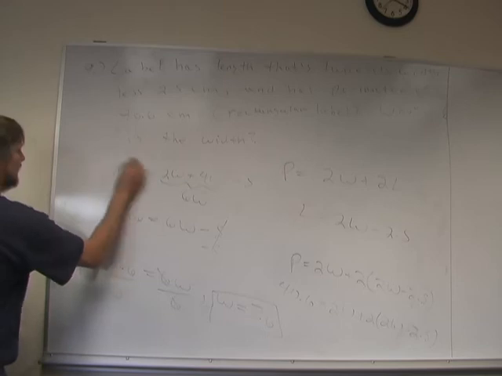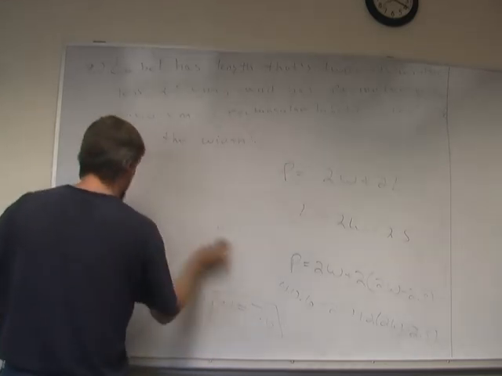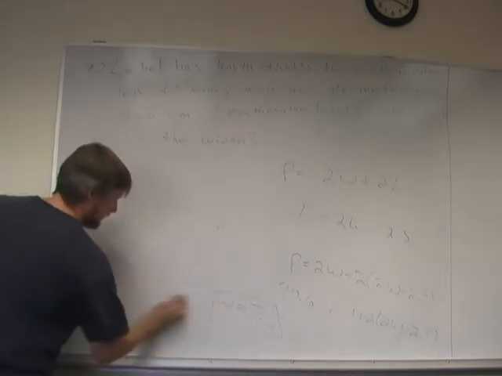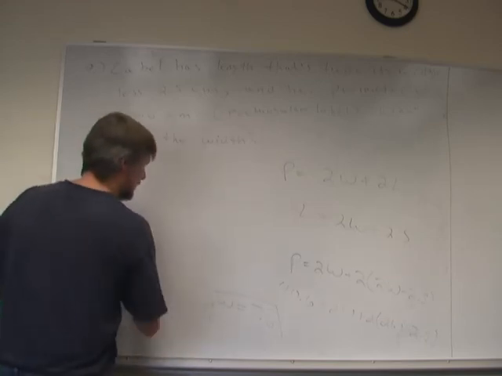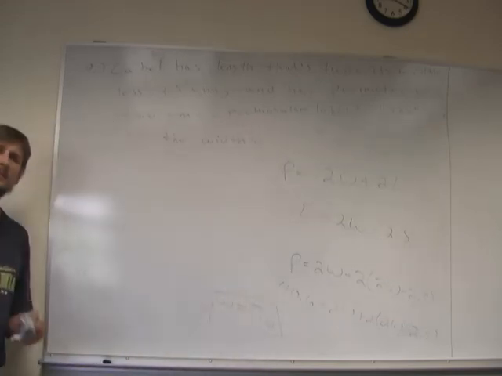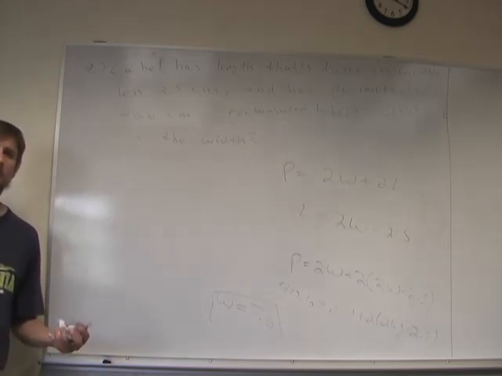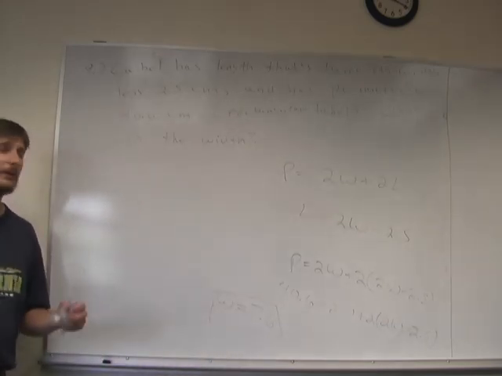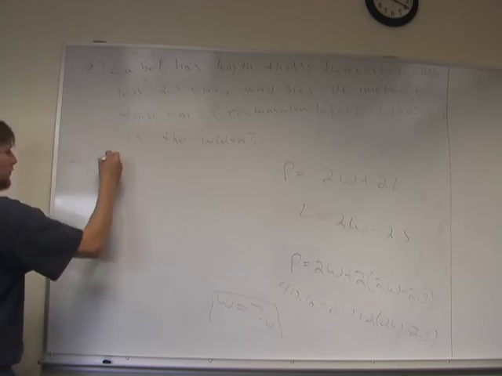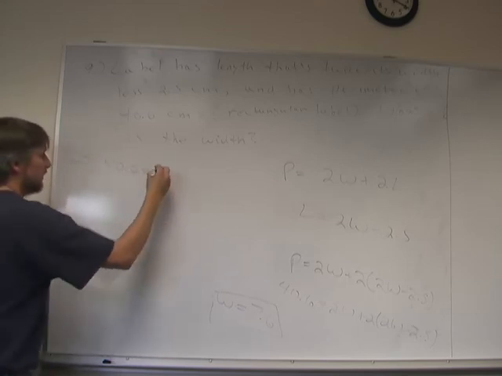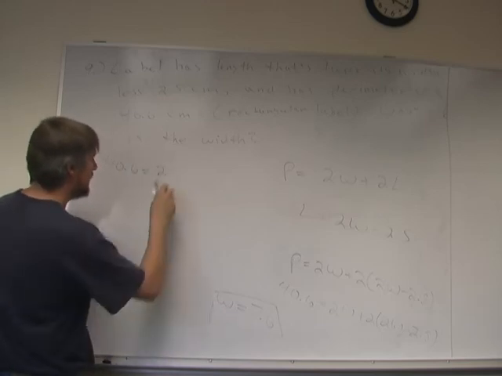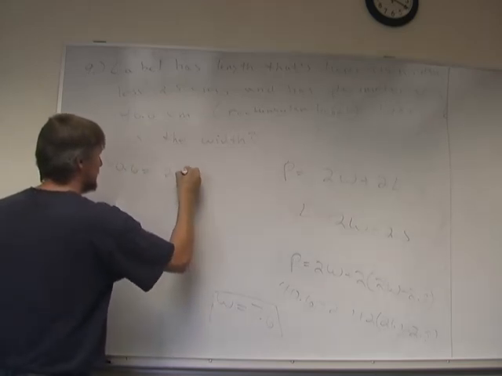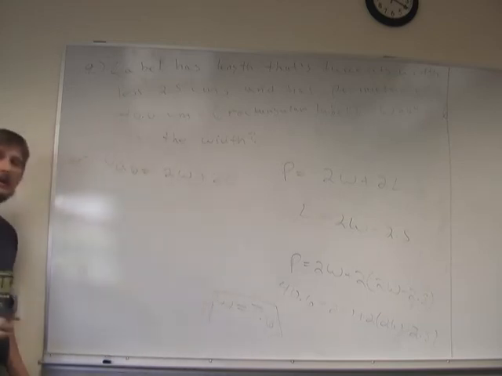So this is the answer that we've come up with. Does this actually match up with reality? Is this a good answer? Let's find out. If this is a good answer, then our perimeter equation with this as our width should still work. So we have 40.6 as our perimeter is equal to 2 times W plus 2 times the length.